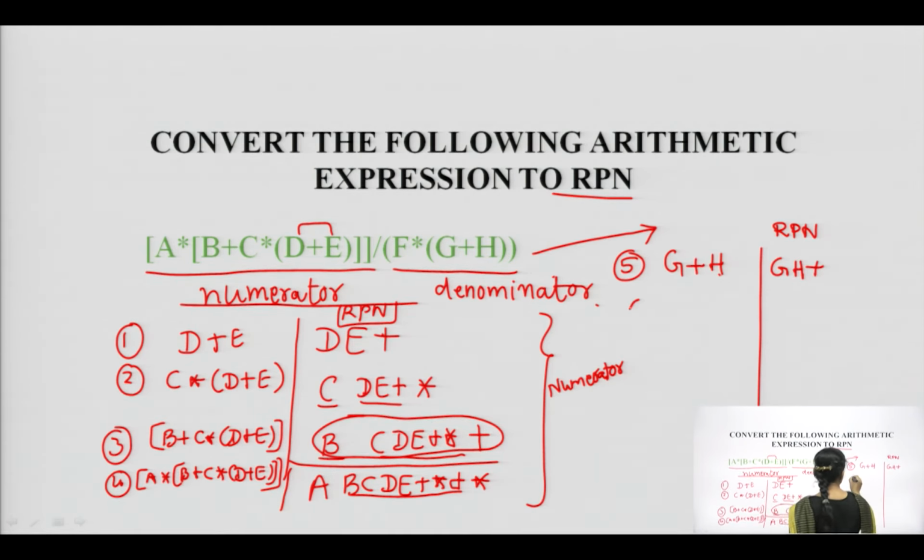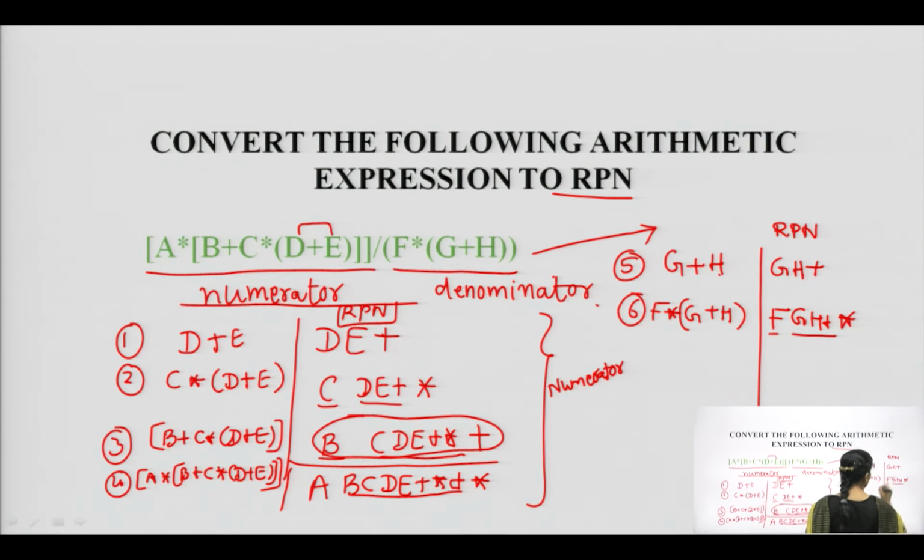In the sixth step, we will be calculating F cross G plus H, that is F G H plus as the second operand and F as the first operand, and we are performing multiplication among them. So, here we have solved the denominator part.